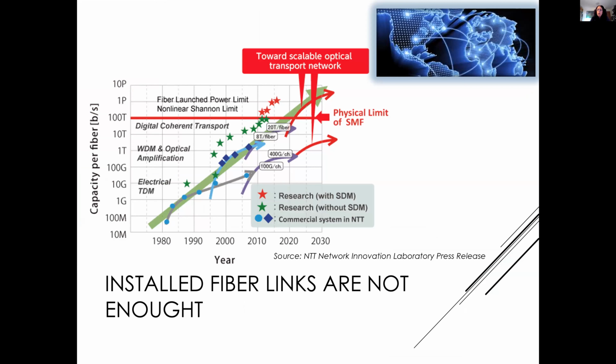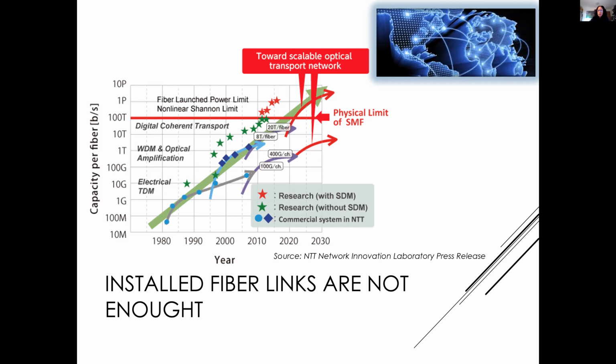What we know now is that all the installed fiber is really not enough. So basically we have reached the physical limit of the single mode fiber, or SMF. So we need to do something extra.